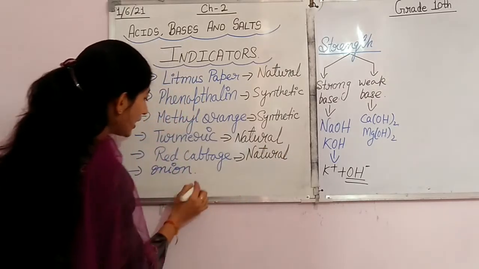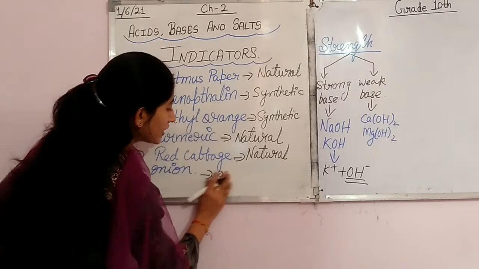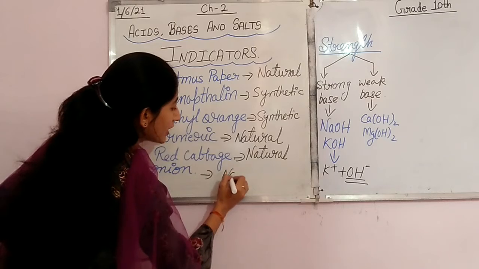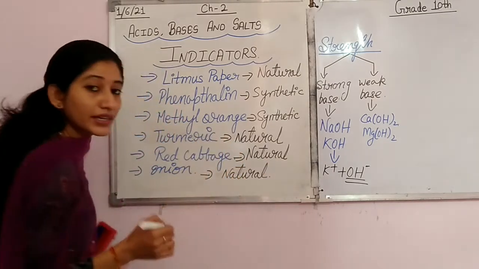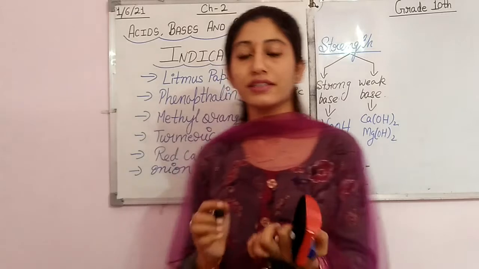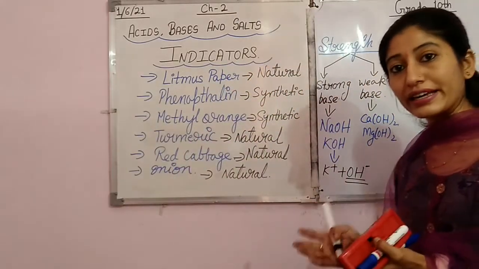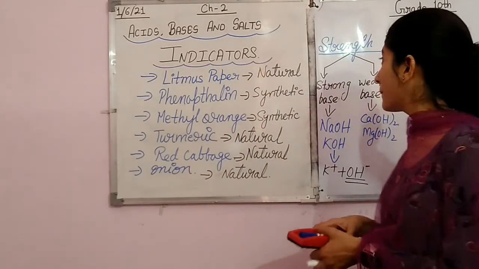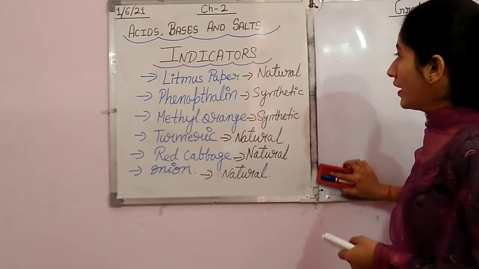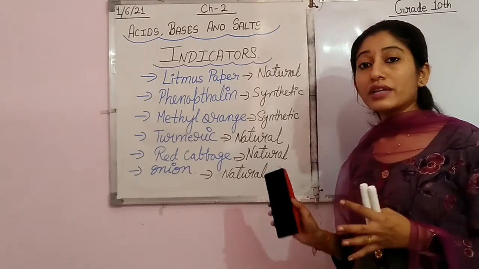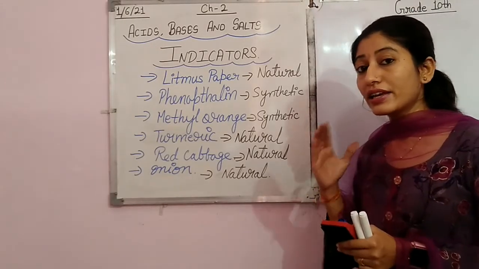When we talk about the onion, this is also our natural indicator. So these are the indicators, and with the help of these indicators we can test the given substance, whether it is acid or it is base. Now, as I said, they will give the test.